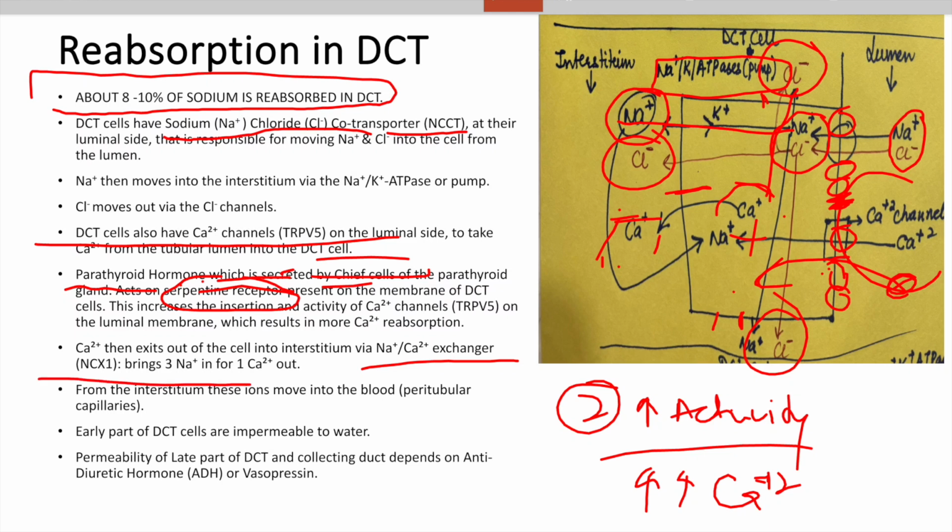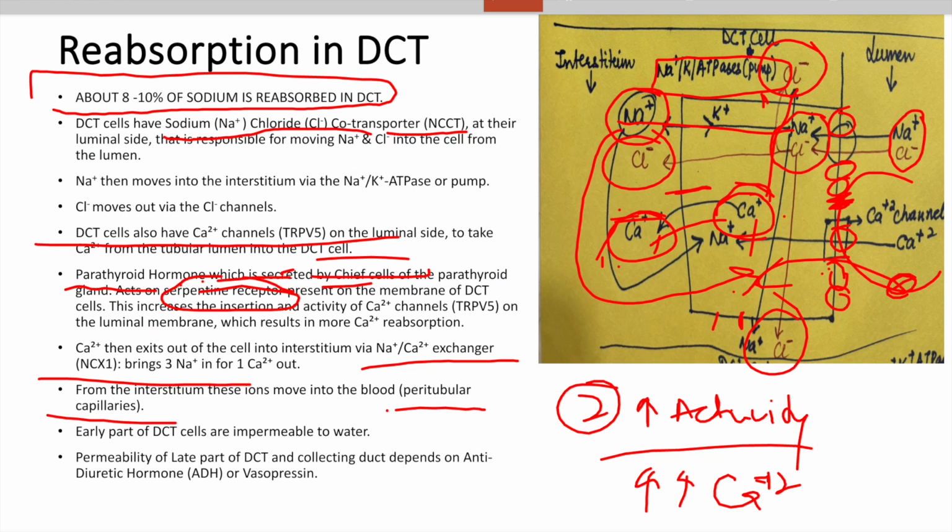As we know, the interstitium contains sodium. This sodium is pumped into the cell: 3 sodium ions are pumped into the cell in exchange for 1 calcium ion. So sodium is brought back into the cell, while calcium is pumped out of the cell so that it gets reabsorbed into the peritubular capillaries.